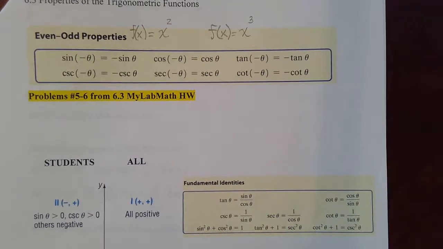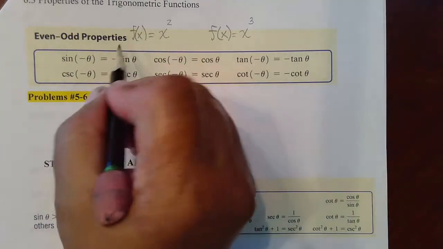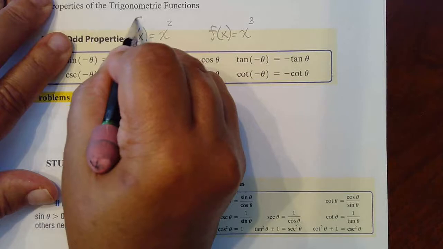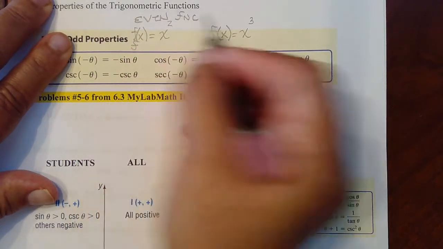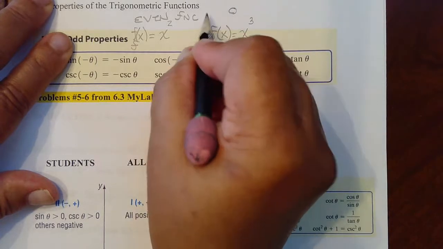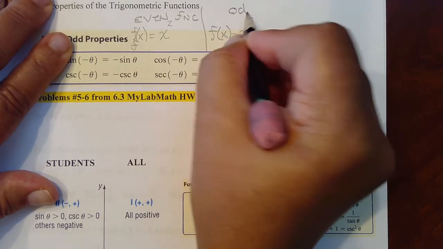So the essence of an even function, whether it's algebraic or trigonometric, is that when you plug in a negative value right here for any even function, it doesn't affect the function at all. And then this would be an odd function.